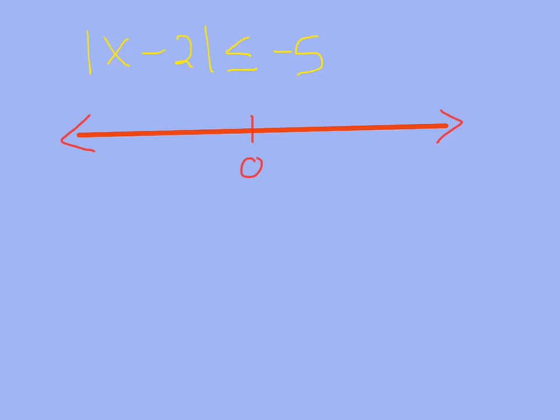So we represent that as an empty number line. There's nothing on our number line because there is no solution to this problem. Another way we could have written it is a set of parentheses with nothing in it. Or we could represent it as a set of braces with nothing in it. Or finally we can represent it with the no solution symbol. Because there is no answer to this problem.